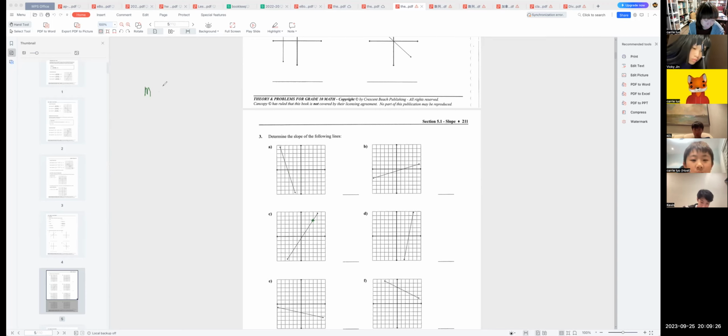Number C, m is bigger than 0. Very good. Okay, so now you pick 2 points. One is 1, 2, 3, 4, and the other one is negative 1 and negative 2. So everybody, please give me the equation directly, okay? Send it to me by chat.